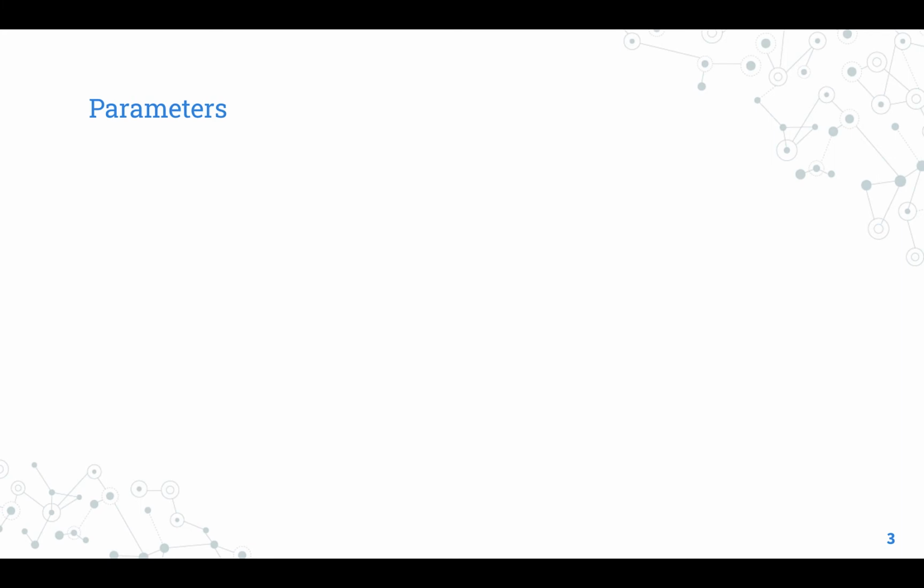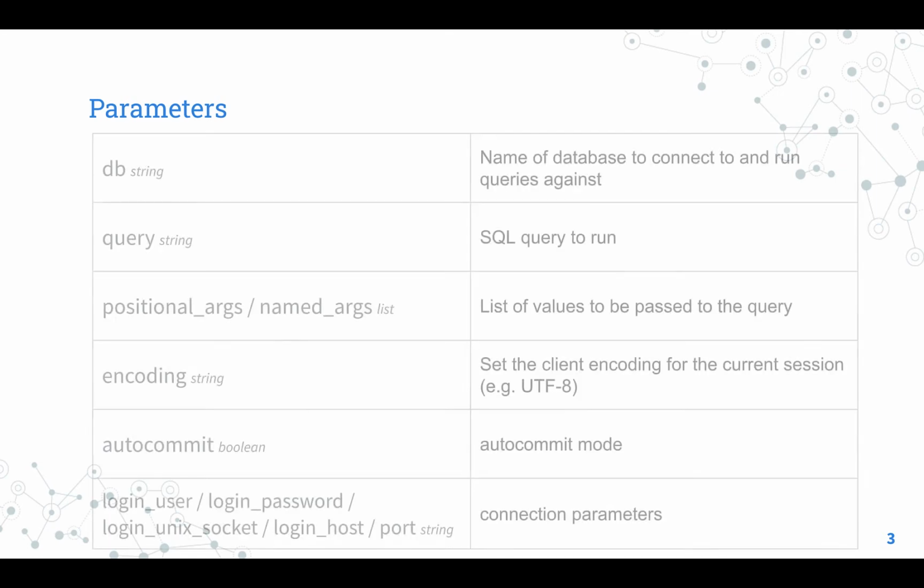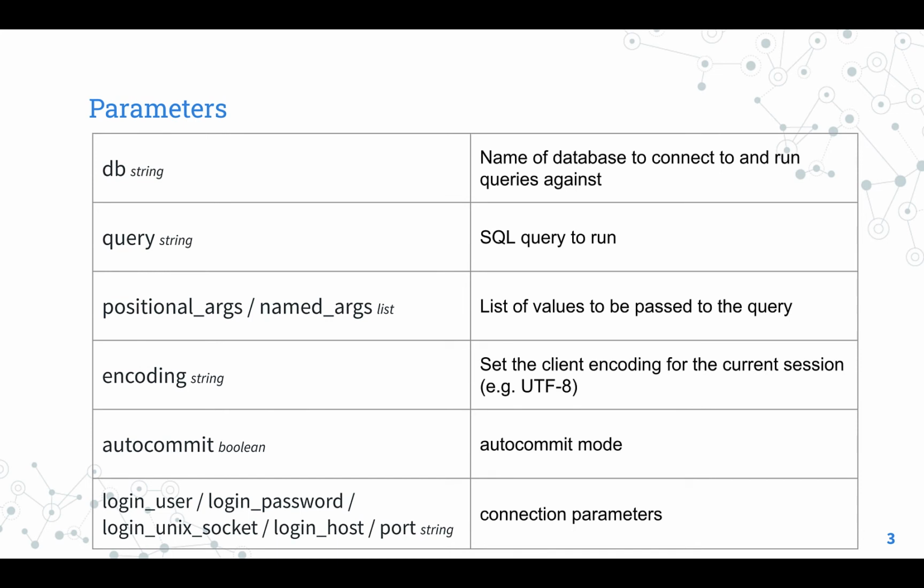Parameters. Let me summarize the main parameters of the module postgresql_query. Ansible assumes that PostgreSQL is running on the target node. First of all, you need to specify the parameter db, the name of the database to connect to and run the query against.